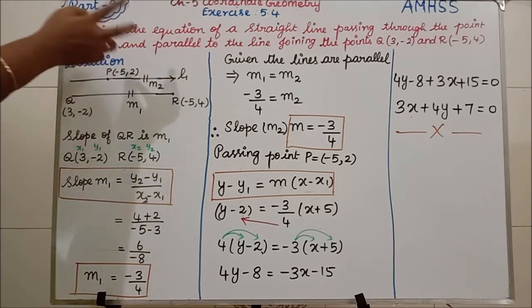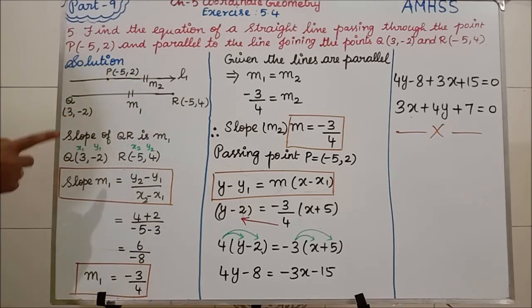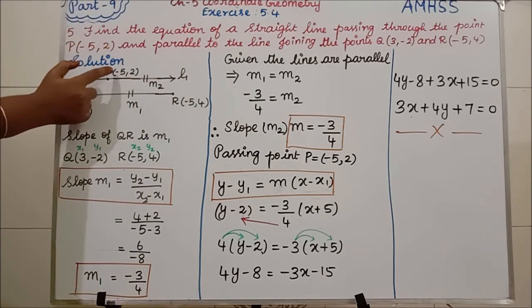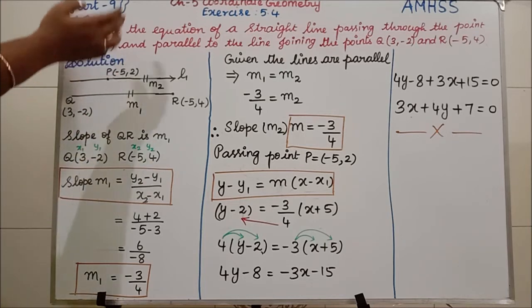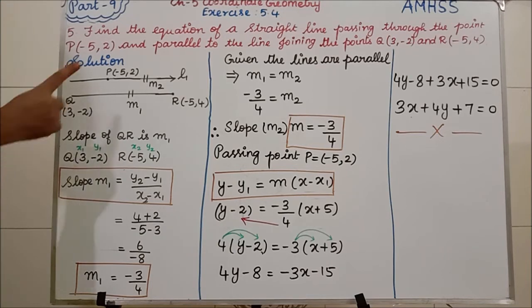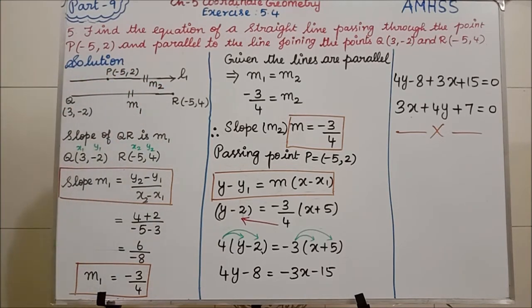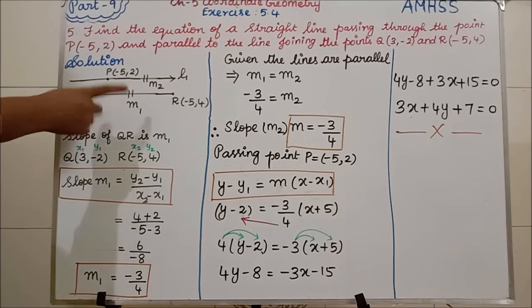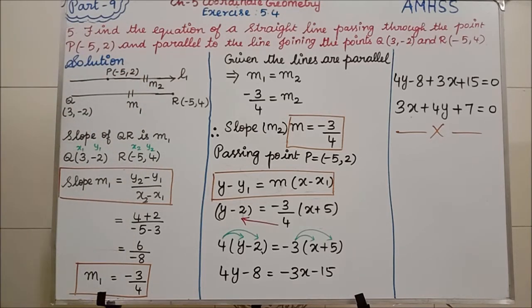Parallel means you have to draw another line. This is one line, through the point P(-5, 2), and parallel to it is the line through the 2 points they have given, so one point should be in this corner and the other point in that corner. Now this is our slope m1, and this is our slope m2.